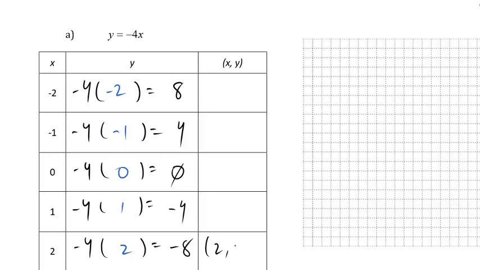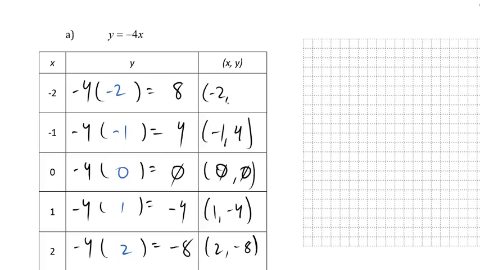Okay, and then I'm going to write out these. We don't always do this, but for this one, I'm going to write out these points. It reminds us why we're doing this, and it's going to make it easy to graph.